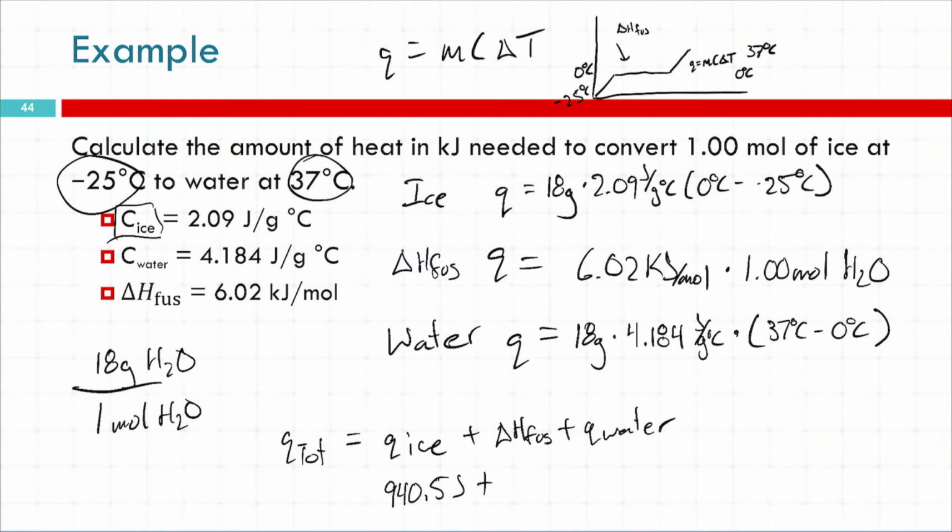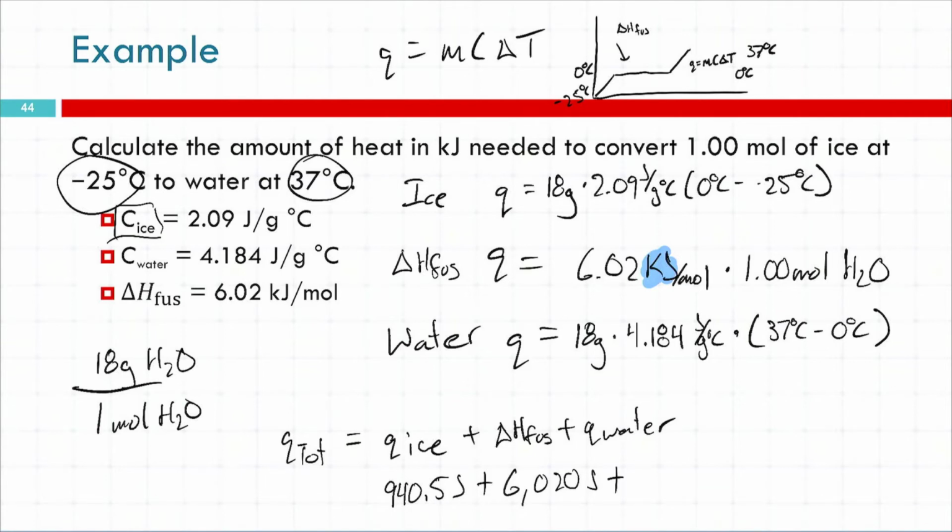For our next one, we're going to do 6.02 times 1. So we're going to get 6.02, but it's very important here to note what our units are. We've got kilojoules. The rest of our numbers are in joules, so we're going to convert this one into joules as well. To do that, we simply multiply by 1,000, so we get 6,020 joules. All right, so we added that in our delta H of fusion.